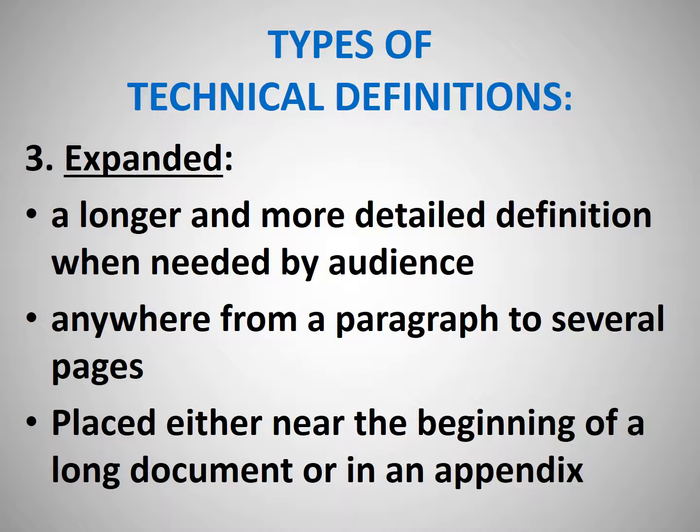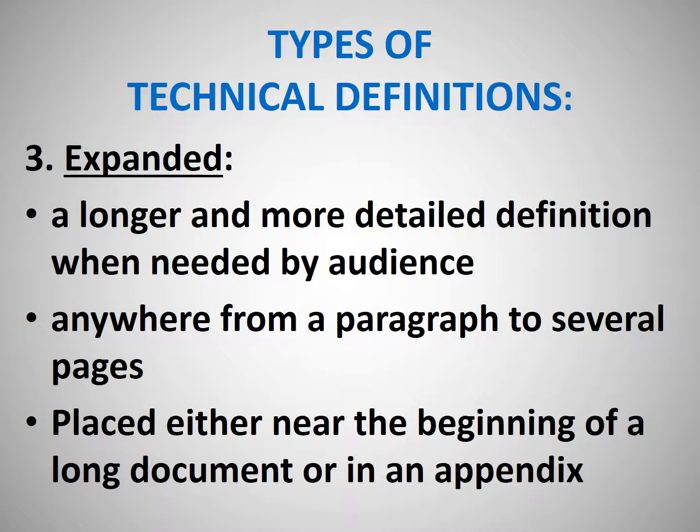And how long it is going to help you answer the next question, which is where you put it. Okay? When you use an expanded definition, you're going to either be putting it near the beginning of a long document, because you're going to have to get that out early on in order for your reader to understand the rest of what you say.